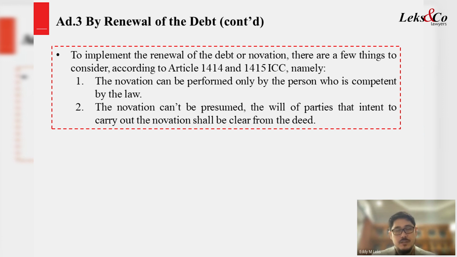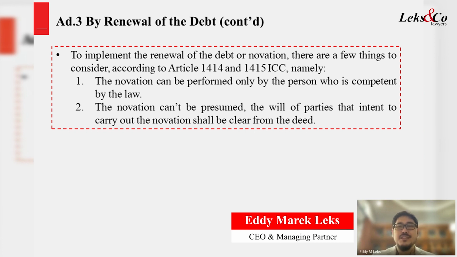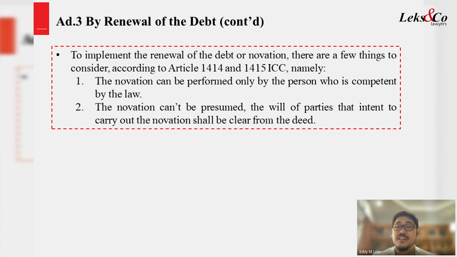And subrogation by agreement can be by the creditor and by the debtor, right? But novation has to be a three-party agreement. So it is a three-party relationship actually: the existing creditor, the new creditor, and the debtor, or the existing debtor, the new debtor, and the creditor.